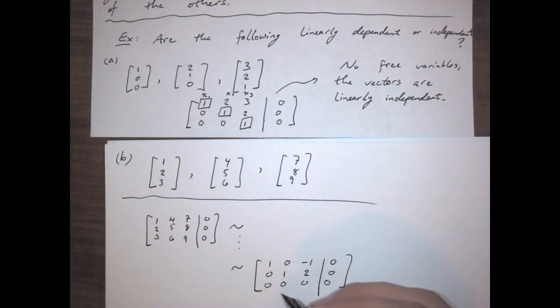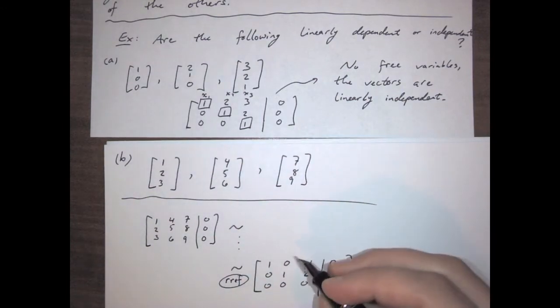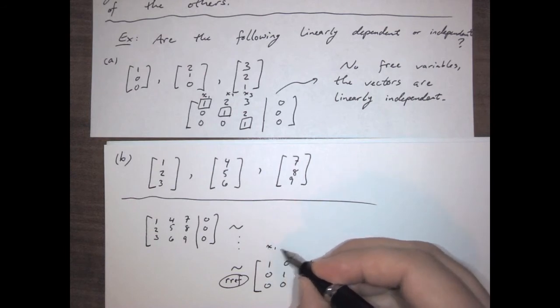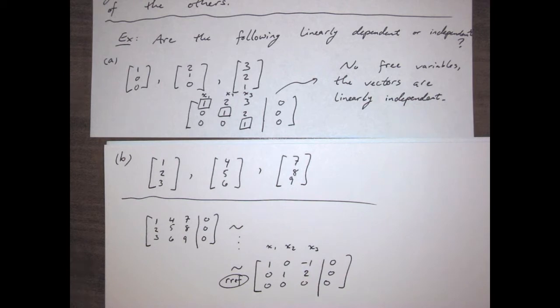This is in reduced echelon form now. If this is x1 and x2 and x3, we are going to have a free variable, and that free variable is x3.